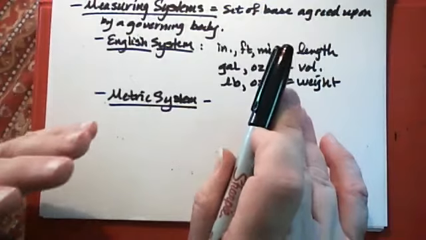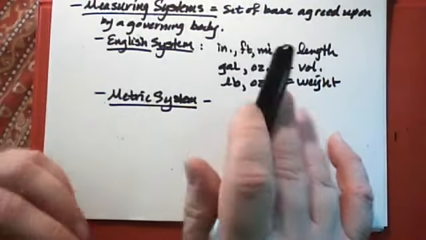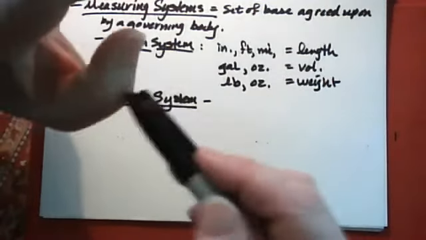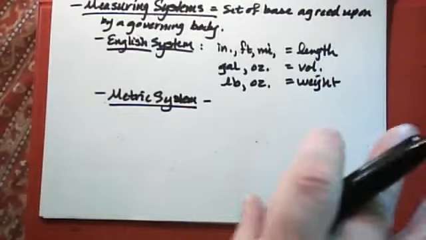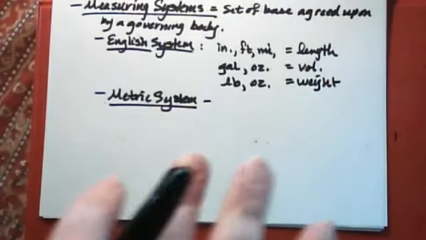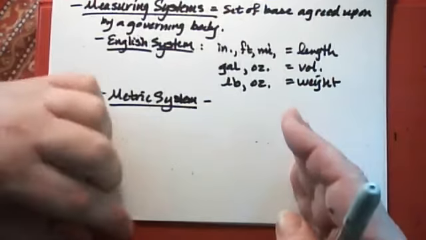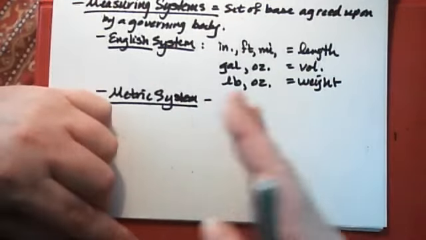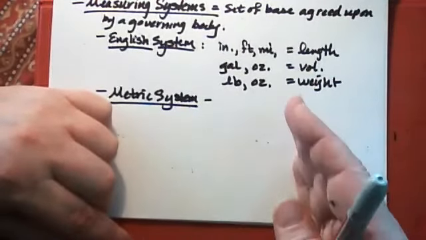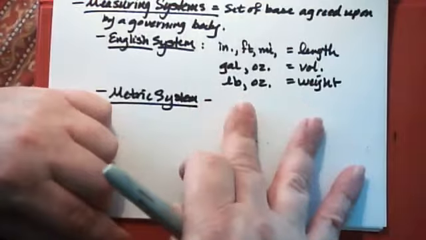Different kings have different size feet. Different people have different distances from the end of their thumb to the first knuckle. So people needed a more systematic type of measurement. And eventually the measurements in the English system were systematized with standard values for all of these units.